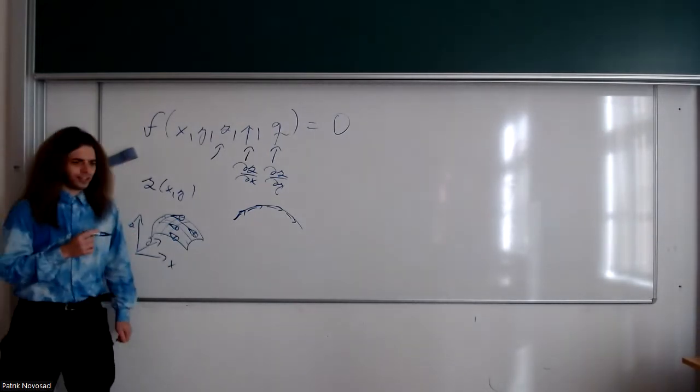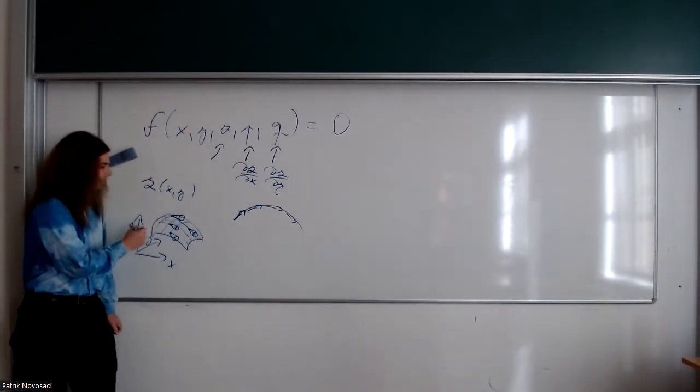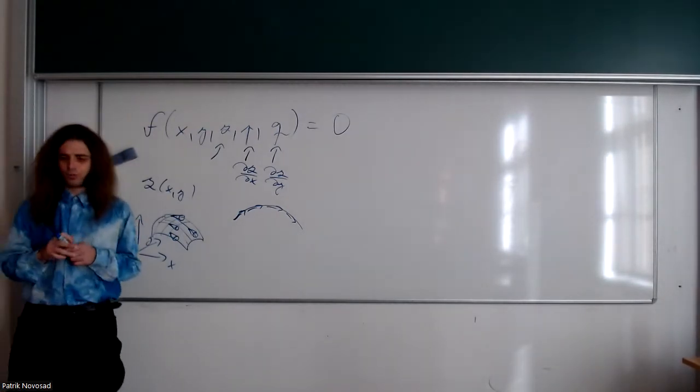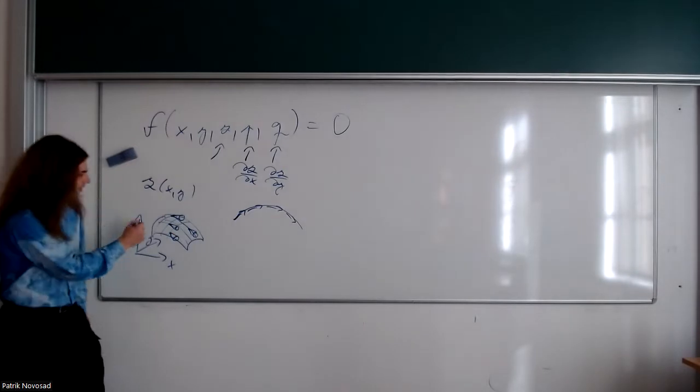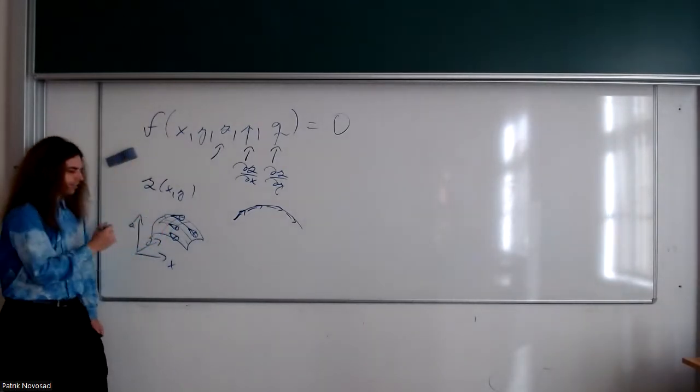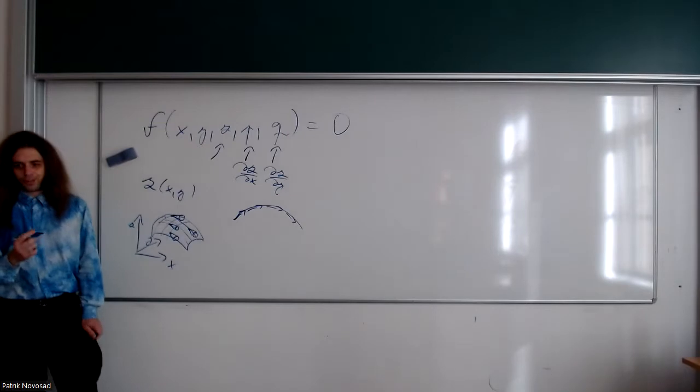And there was one trick that we used to get some sense of how the solution should look, and that was looking at the so-called characteristic strip.